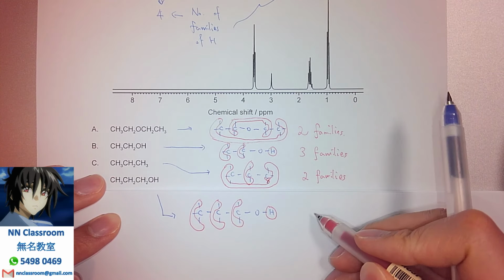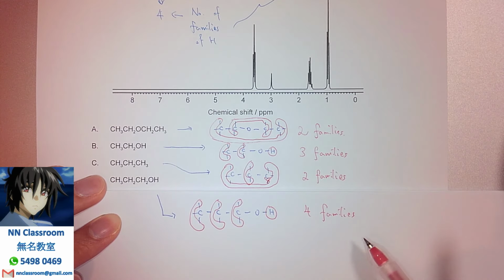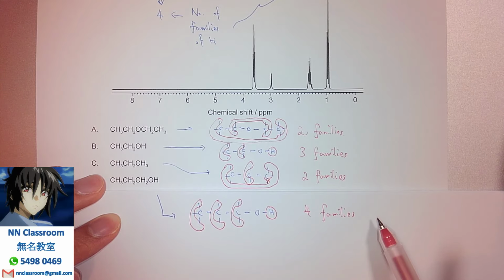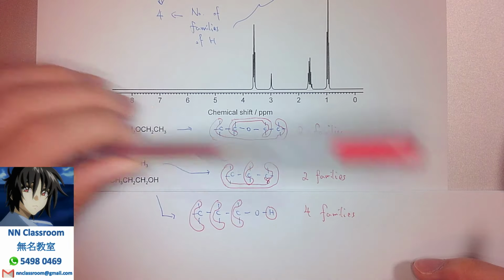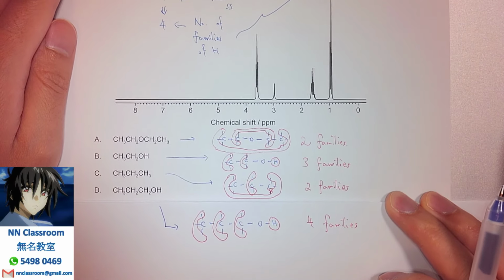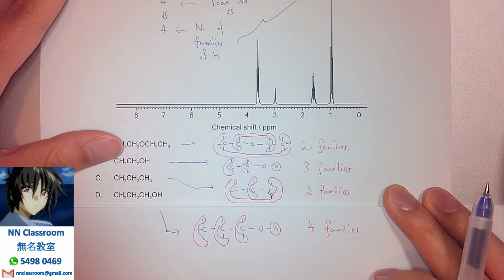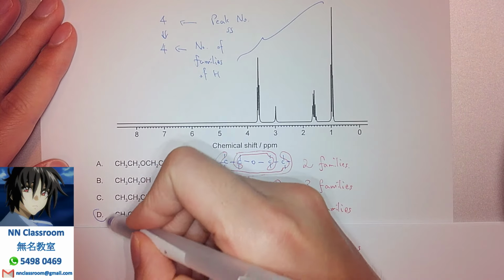So altogether 4 groups, so 4 families. So 4 families refer to the 4 peaks that we can observe in the hydrogen NMR spectrum in this spectroscopic technique of analysis of this organic compound. So obviously the choice matching 4 peaks with 4 families of hydrogen is choice D.